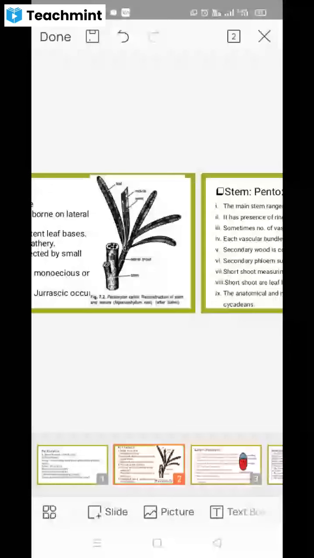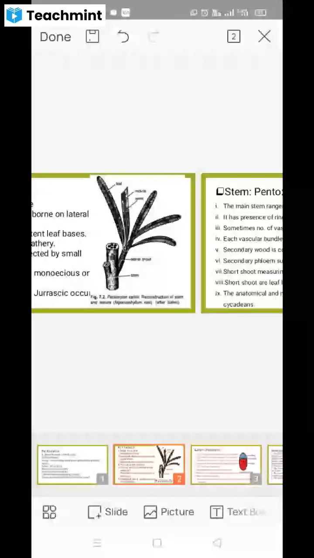Here the secondary wood is compact and the secondary phloem is surrounded by the secondary wood. Also this stem of the pentoxylon shows anatomical as well as morphological similarities with the cycadian plants.